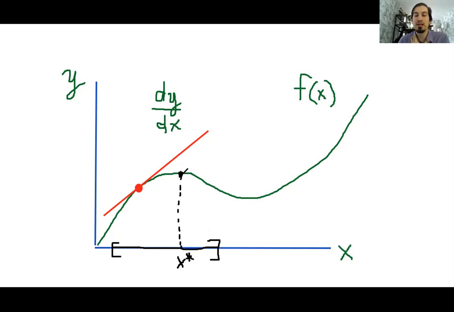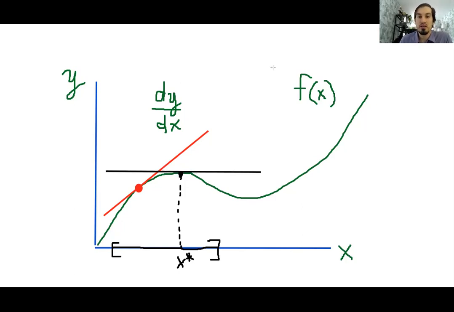What's so special about x star? Well, it's the maximum point of this function f, and it occurs here. Let me draw just a line. I really wanted this to be flat. That's where dy/dx is 0.